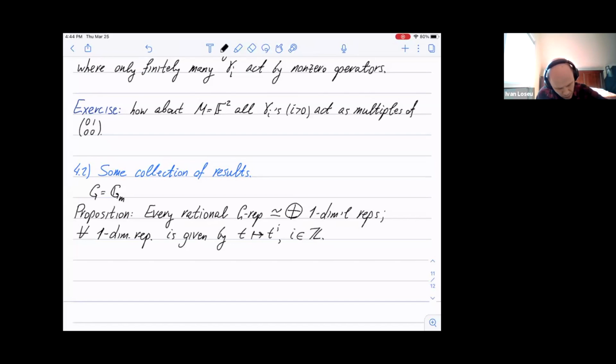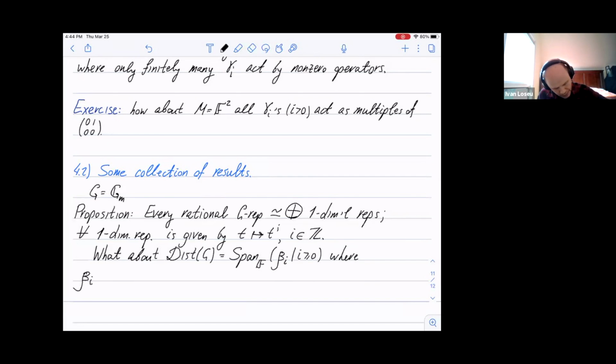So let's see what's going on for the distribution algebra. What is this? It's a span over F of the elements beta_i, i bigger or equal than 0, where beta_i should be thought of as beta_1 choose i.